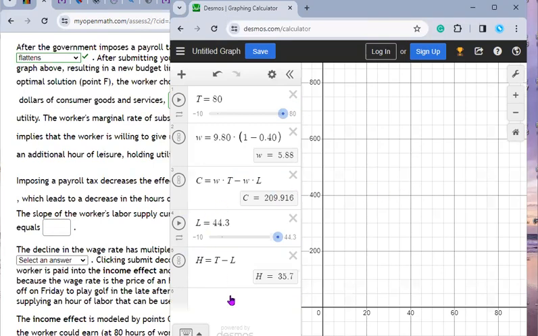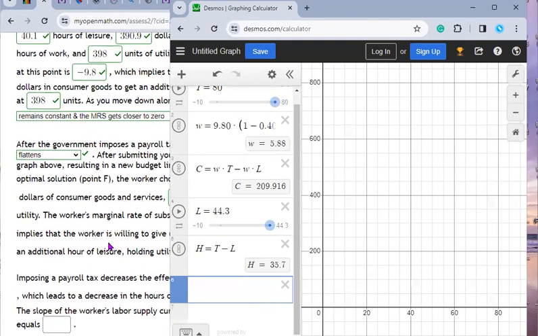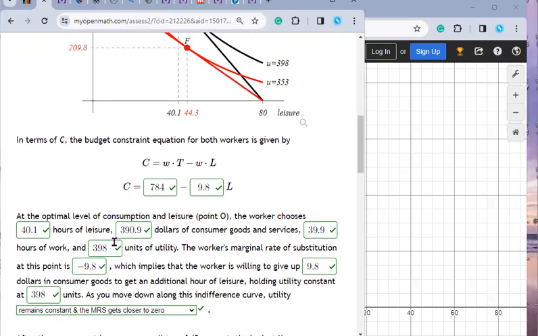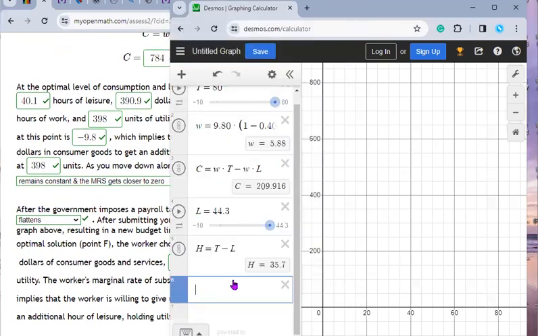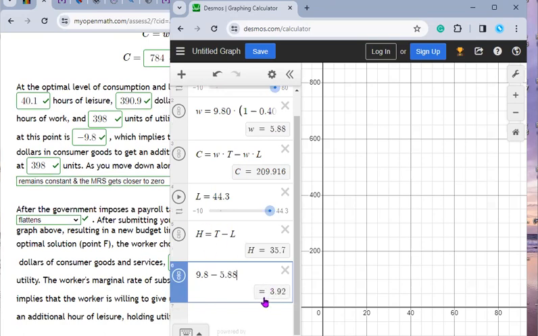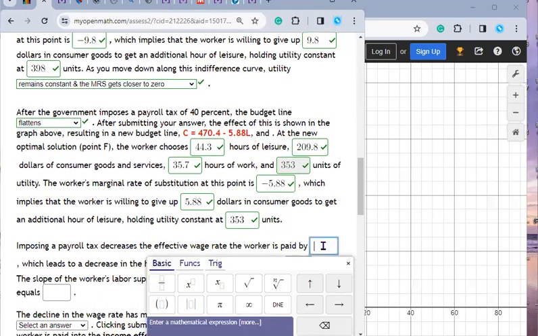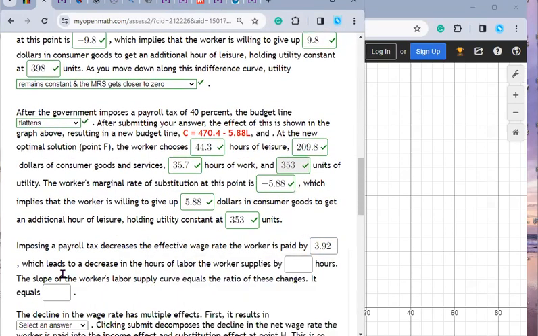So the previous wage was what? 9.8. So that was the first wage. The wage net of the taxes is 5.88. So wages fall by $3.92 per hour, which leads to a decrease in hours of labor the worker supplies.